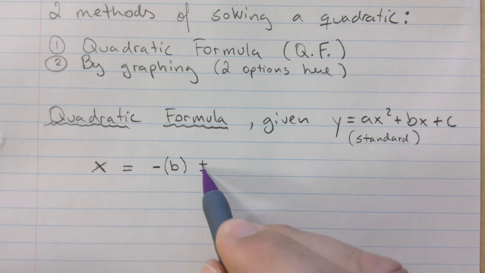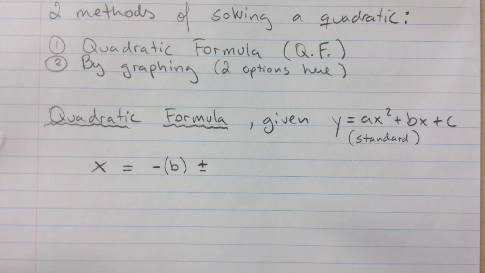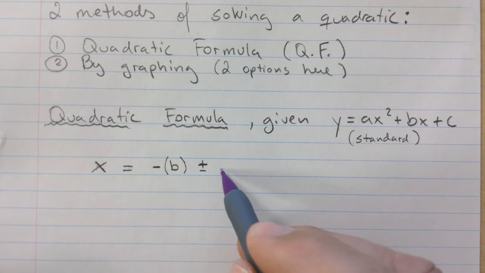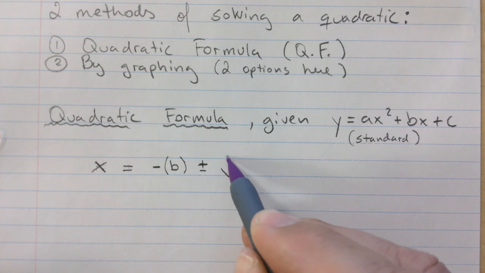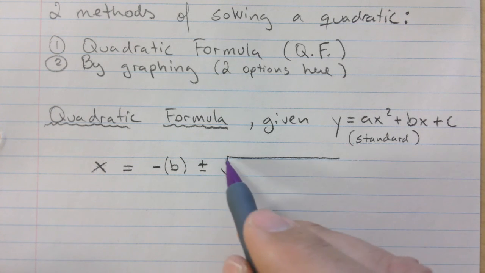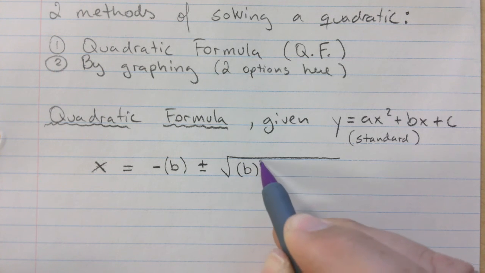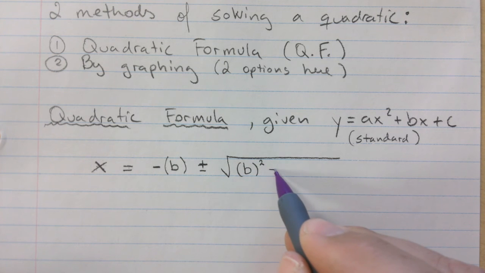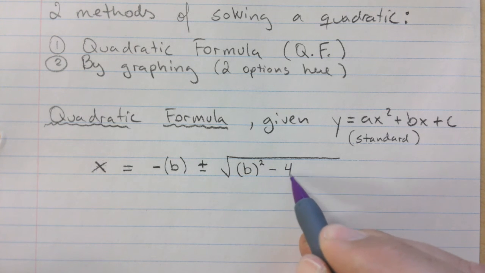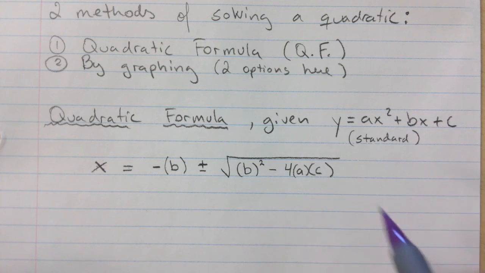I will explain the plus or minus later on. Just write it down right now. Plus or minus square root of b squared minus 4 times a times c, like that.